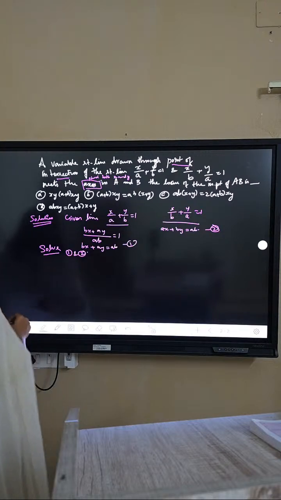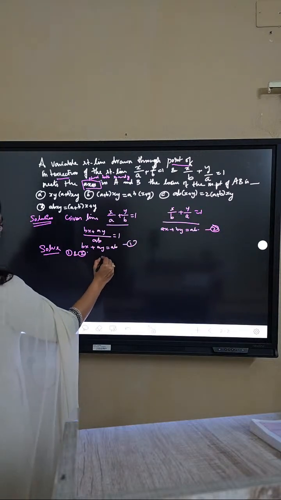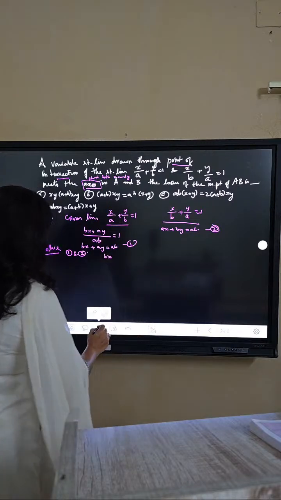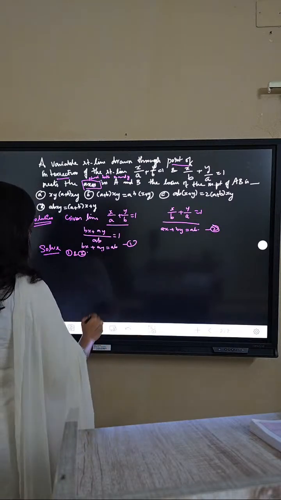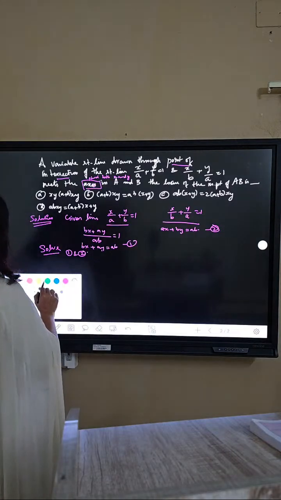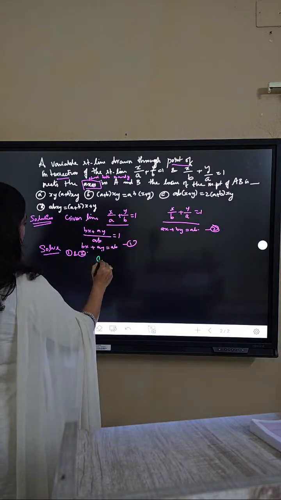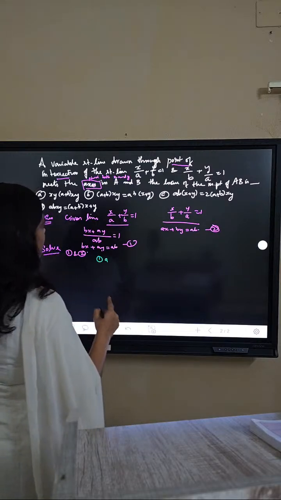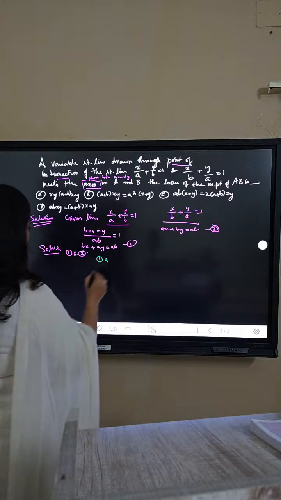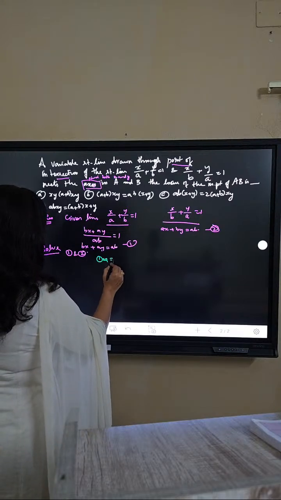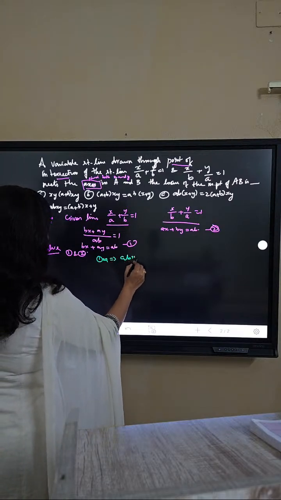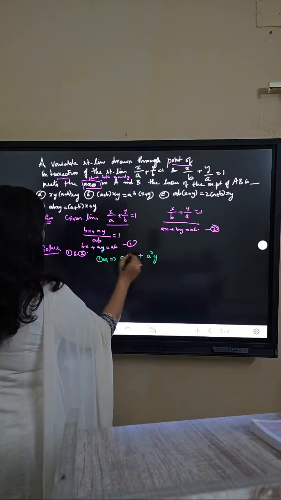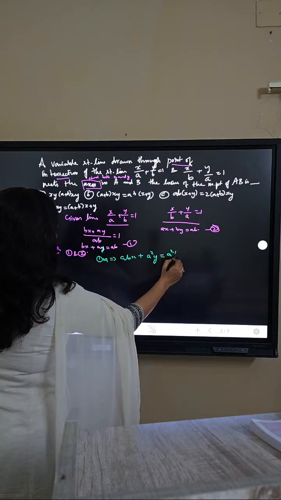In the first equation, you have to find bx, so multiply the first equation by a. Then the first equation will be abx plus a square y equal to a square b, right?